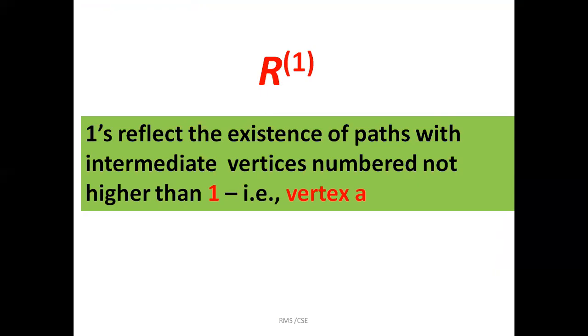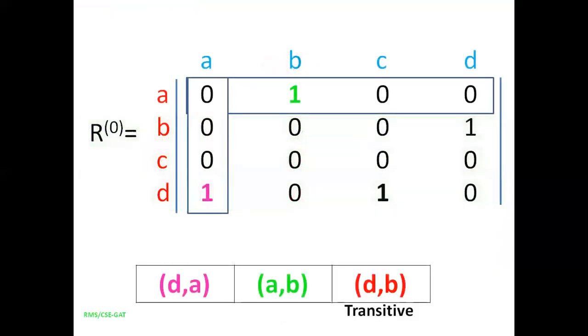If at all I have one intermediate vertex, then it should be A. So now, to get R^1, go to R^0, select the first column and first row, which is highlighted here. Now in the first column, we have to find the position of value 1.